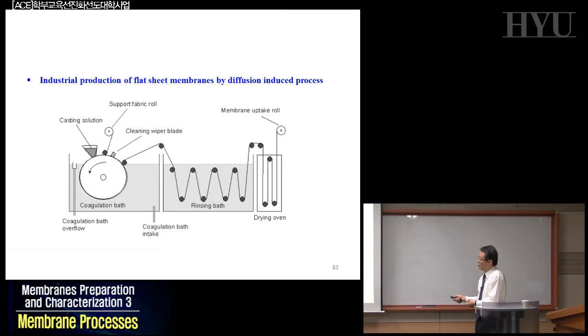And the casting solution is of course important. This was cast on top of your non-woven fabric, immersed in the coagulation bath, taken out, passed through the washing bath and drying to make a roll-up of your membranes.